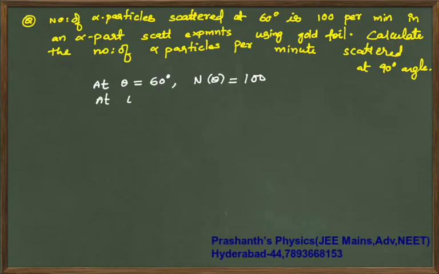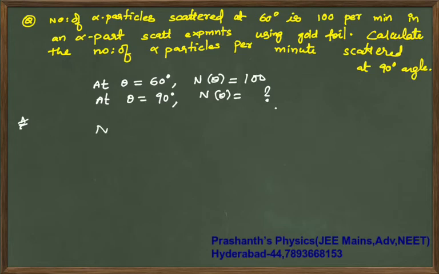At theta equal to 90 degrees, n of theta is how much? This is your question. Now pause the video clip, try the question, then you can continue with the solution. Now let me explain the solution.